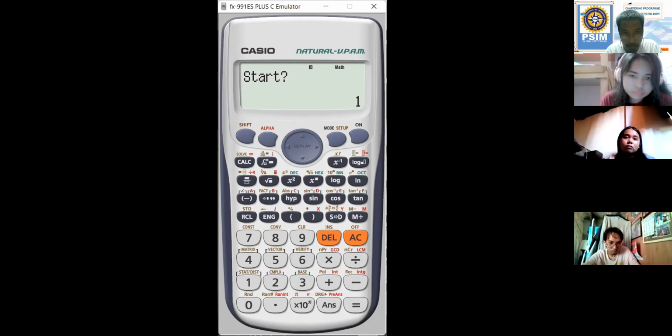What is this in the table? 350 or 380? Negative 340. So let us start with that amount using our calculator: start with negative 340.